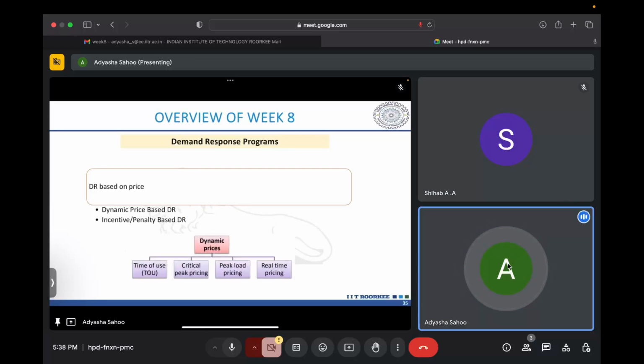Now, depending upon price, as I said, you can have a dynamic price based demand response or an incentive or penalty based demand response, such as time of use, critical peak, peak load pricing, and real time pricing. So depending upon the condition of the grid, you penalize or incentivize the loads.